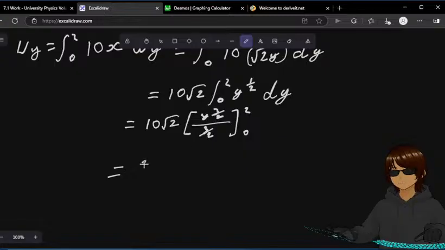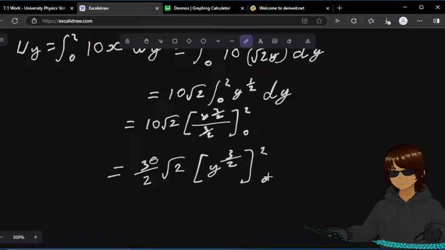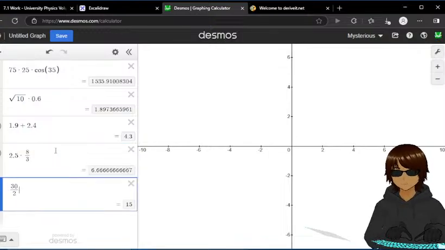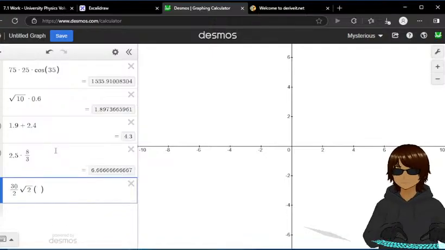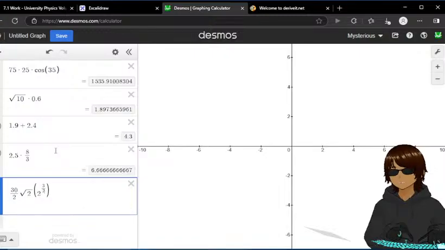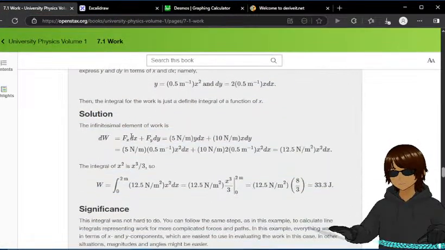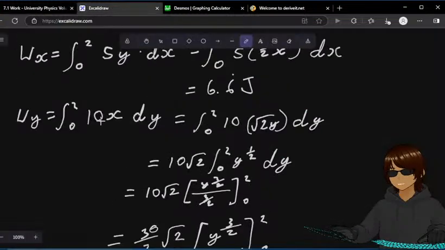You can take this 3 over 2 out. I will just write 30 over 2 root 2. And then we have 2 to the power of 3 over 2, 60, which is way too high. Is there a division by 2 that I'm missing?